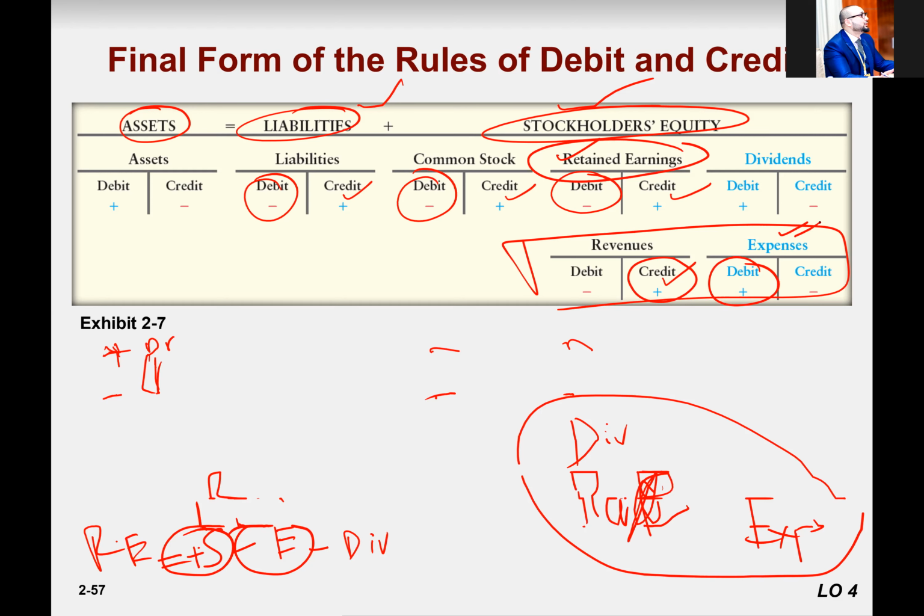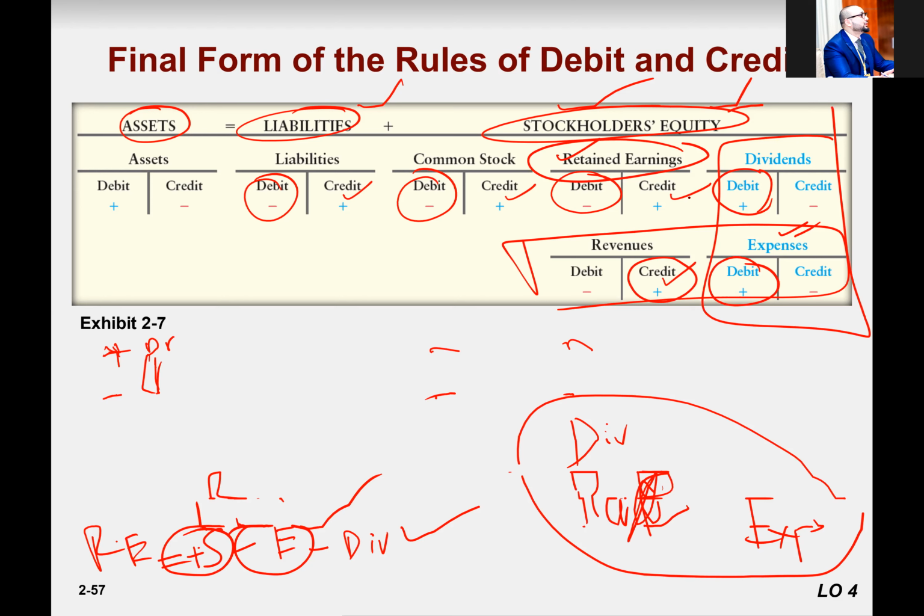If you don't understand the concept, just remember that there are two exceptions that belong to the stockholder equity, and these are expenses and dividend. When dividend and expenses increase, they are debit, though they are part of stockholder equity, where an increase is credit.